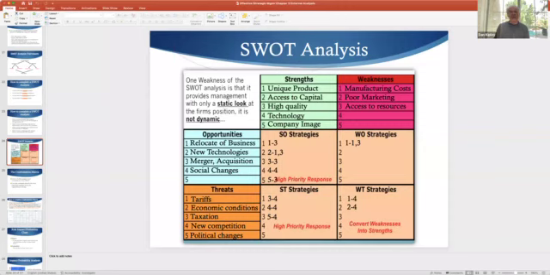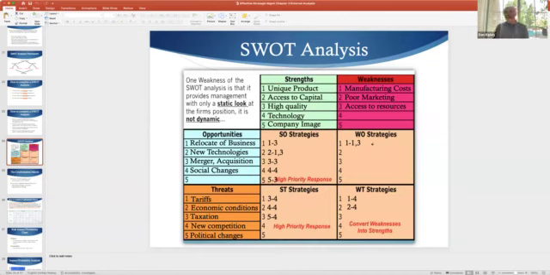Strength number 3, we have high quality. That can be used with mergers and acquisitions as well. Strength 4, technology. Well, we can use that for societal changes, social changes. And company image, strength 5, can be used with mergers and acquisitions.